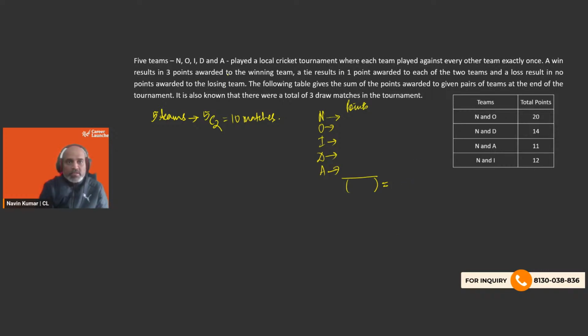And since the winning team gets 3 points and a tie results in 1 point, it's going to be the total number of wins into 3, plus... a loss results in no points, so we should not include the losses.